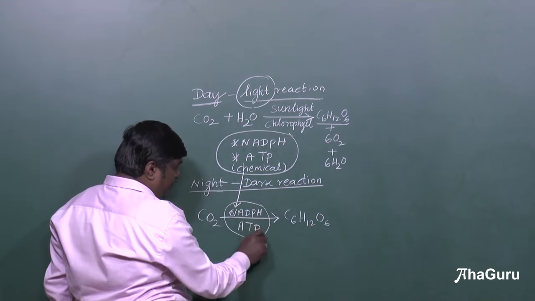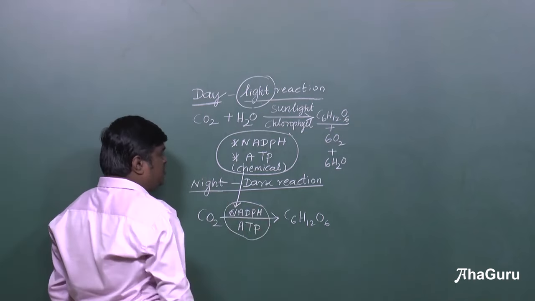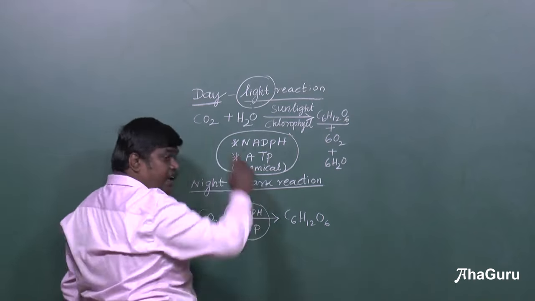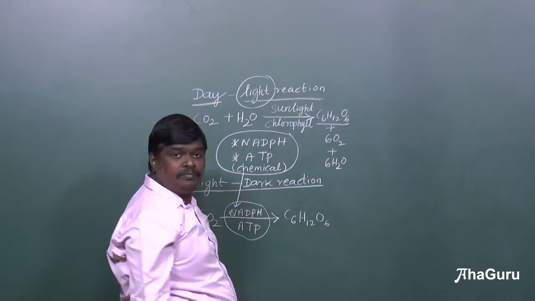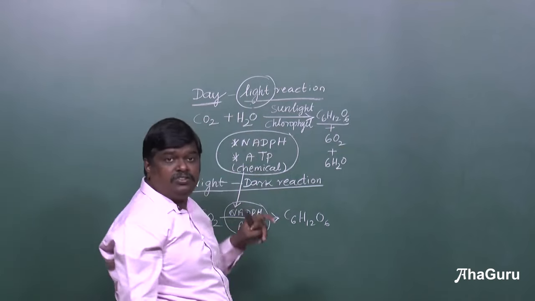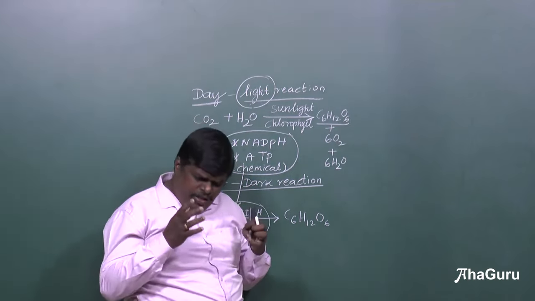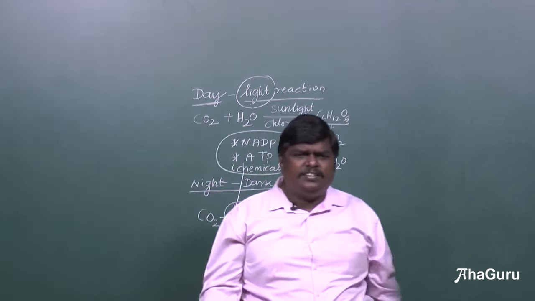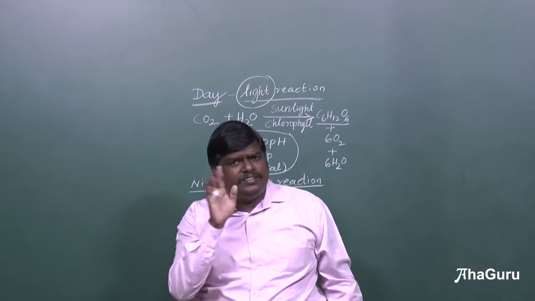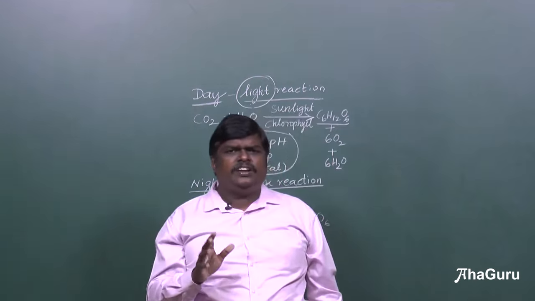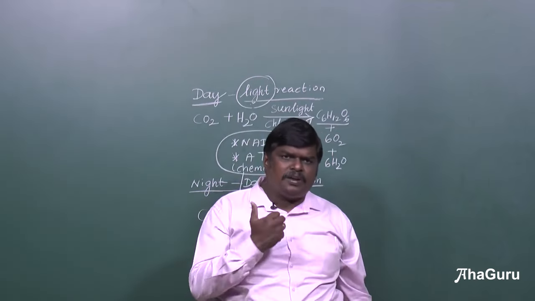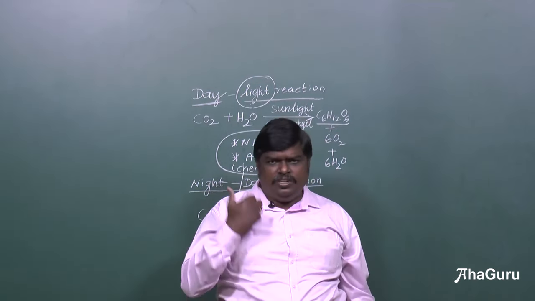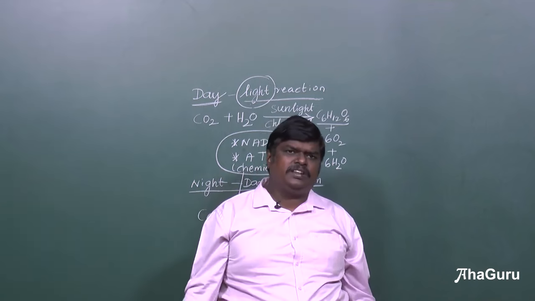In the dark reaction, the source of energy is the chemical energy from the light reaction. But there it is the light energy. So actually what is required is not sunlight, it is energy. If energy is there in any form, the photosynthesis process takes place.